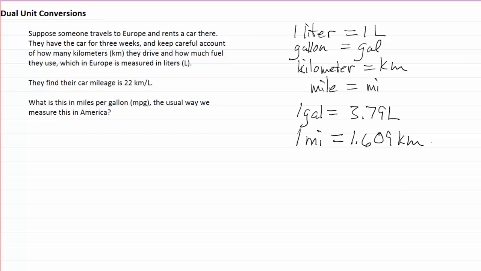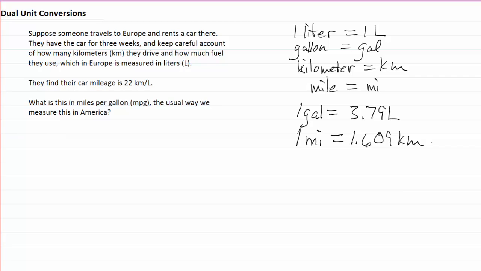And if you ran track in high school, you might have run the 1600 meters. That happens to be very close to 1 mile. 1600 meters is 1.600 kilometers, and that's close to 1 mile. And so these are the conversions that I'll use to figure this out.